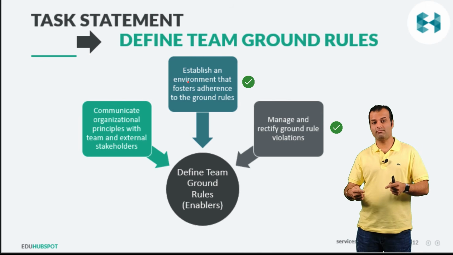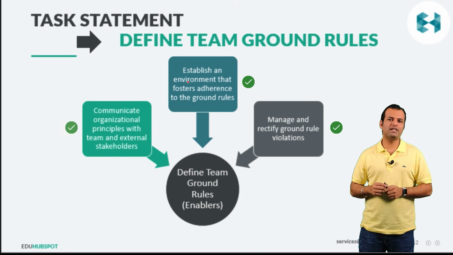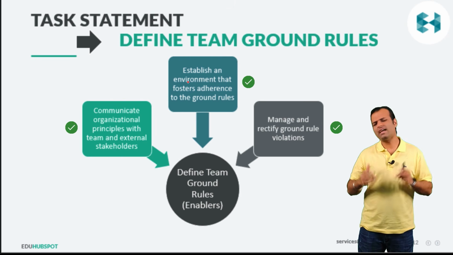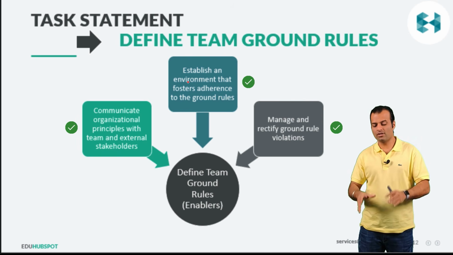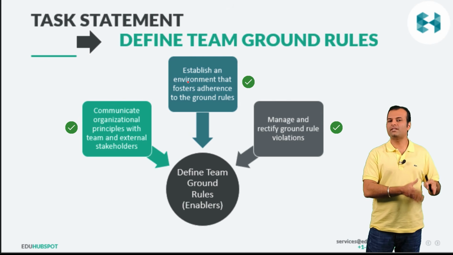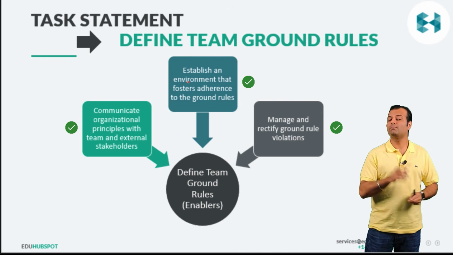This is another enabler. Lastly, we have communicate organizational principles with team and external stakeholders. That's another enabler. So all of these are illustrations, examples of the particular task, and all of these tasks report to the domain people.